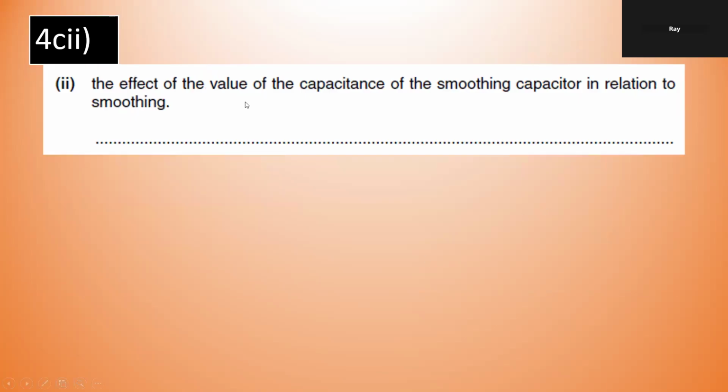The effect of the value of capacitance of the smoothing capacitor in relation to smoothing.